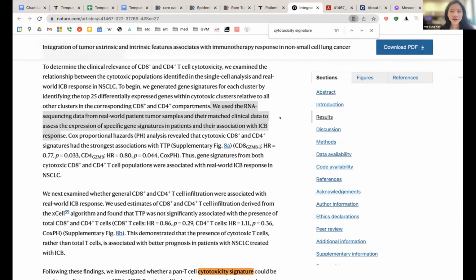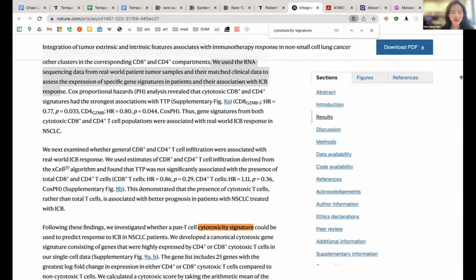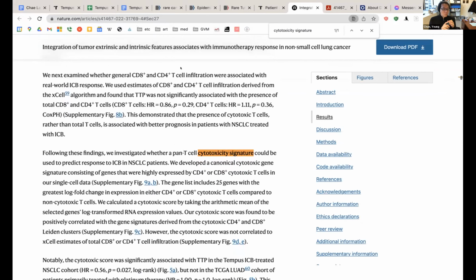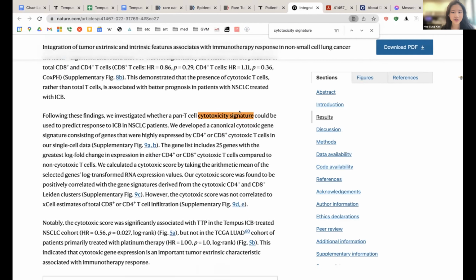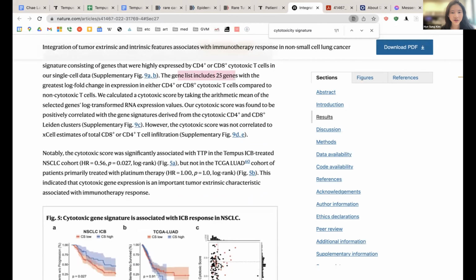Yeah, so this was the paper that I was showing you earlier. They used the RNA-seq data and matched clinical data, created a signature, and saw if there's any association with immunotherapy response. And then they also evaluated the CD8, CD4 T cell infiltration, and saw whether their cytotoxicity signature could be used to predict response. They developed a gene signature consisting of genes that were highly expressed by CD4, CD8 T cells. The gene list includes 25 genes.